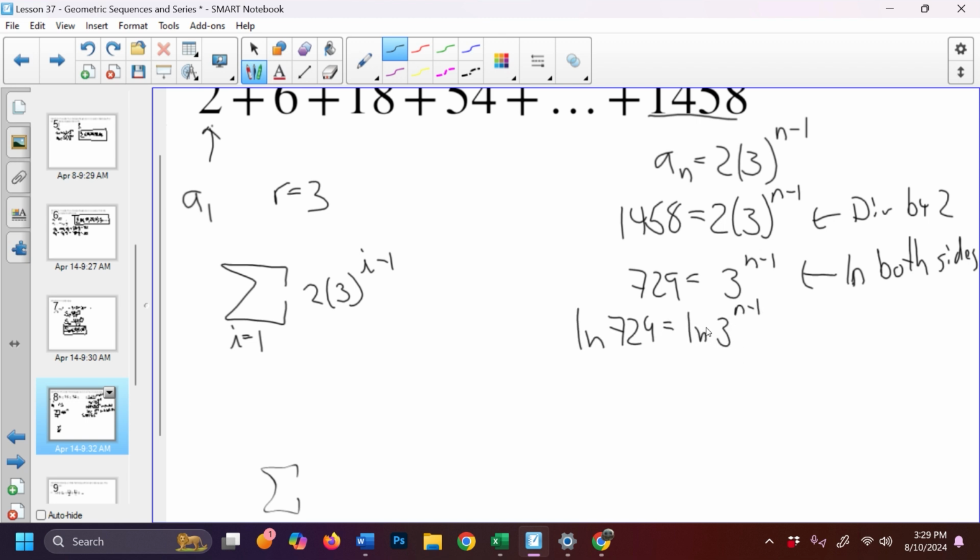And what that's going to let me do is bring this exponent down. And so I will use log base a of x to the n is equal to n times log base a of x. And so I'll have the ln of 729 equals. Now I'm bringing the whole exponent down, so I'm going to put parentheses around that.